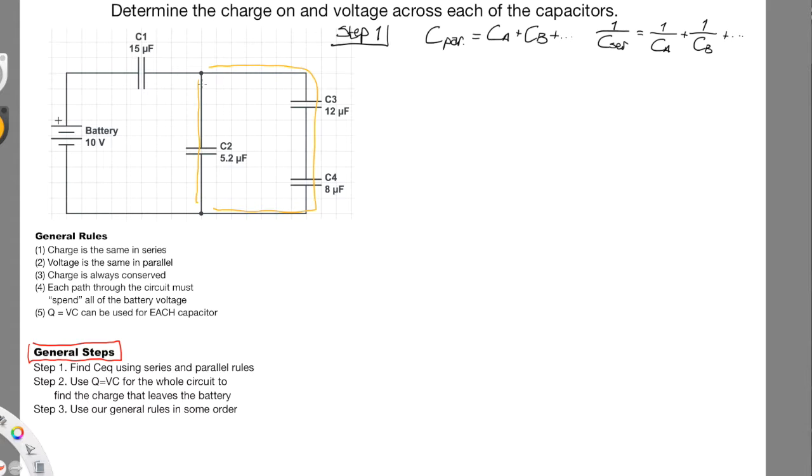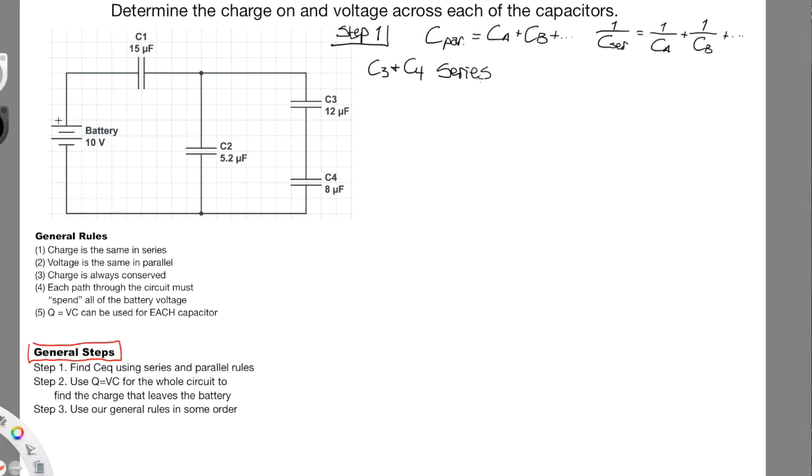So you could say that C2 is in parallel with 3 and 4 together. But if we look just at C3 and C4, any charge that goes through C3 has no choice but to go through C4 as well. So the first step here is that C3 and C4 are in series.